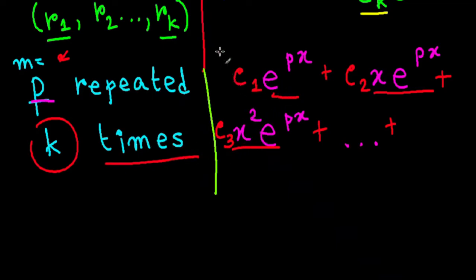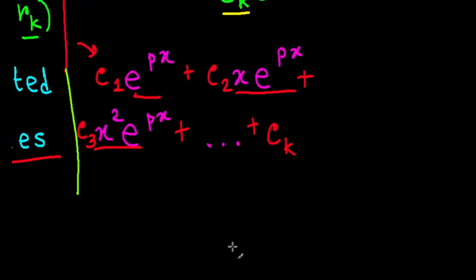That's why this portion of the solution, contributed by m equals p repeated k times, must have k arbitrary constants. That's why c1, c2, c3, we are going to continue up to c sub k.